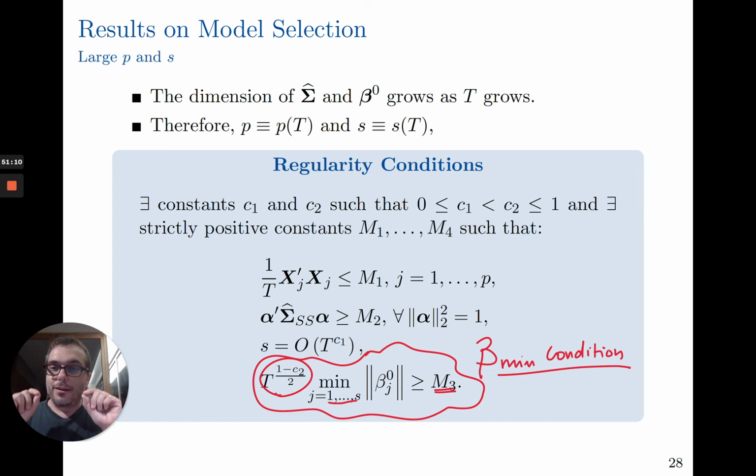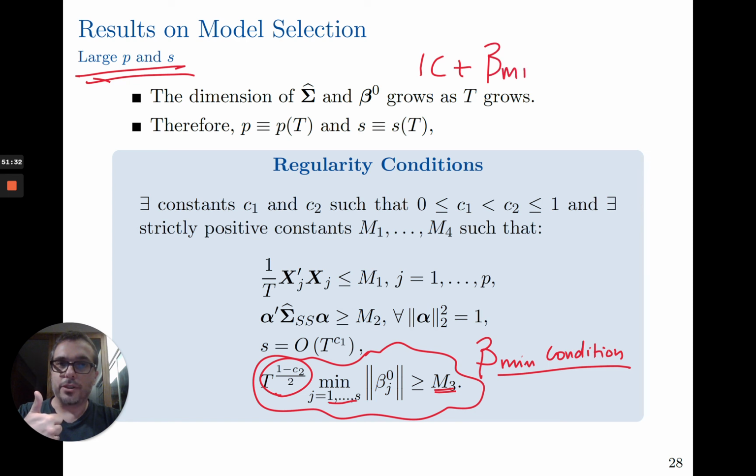So for Lasso to make correct model selection in large dimensions, large P and S, we need the irrepresentable condition plus the beta min condition.